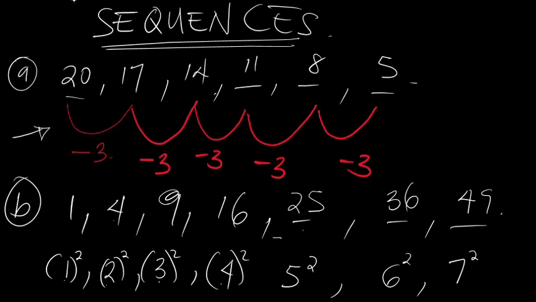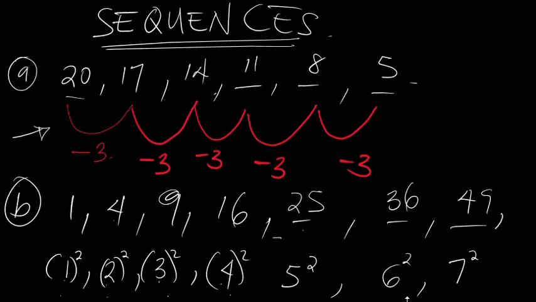So the pattern is 1 squared, 2 squared, 3 squared, 4 squared, 5 squared. The pattern is just a number raised to the power 2. Look here, you have the first, second, third, fourth.